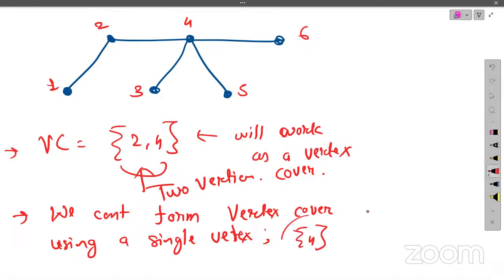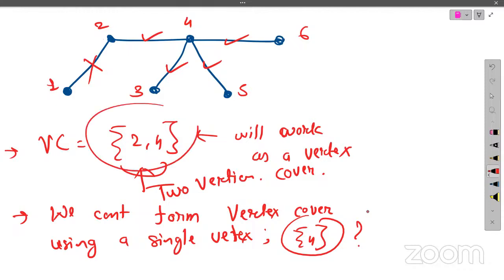Is this subset a vertex cover? No, ma'am. Why not? Because it's not covering all the edges. It will cover these 4 edges, but it is not covering this particular edge. So that means we cannot find a vertex cover here with a single vertex. We need at least 2 vertices to cover our graph.